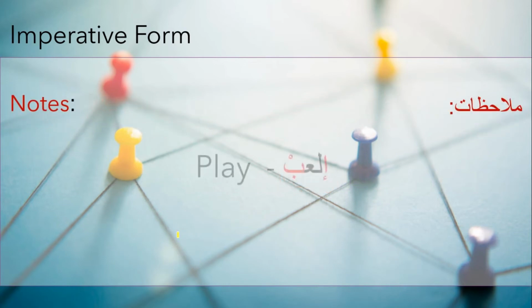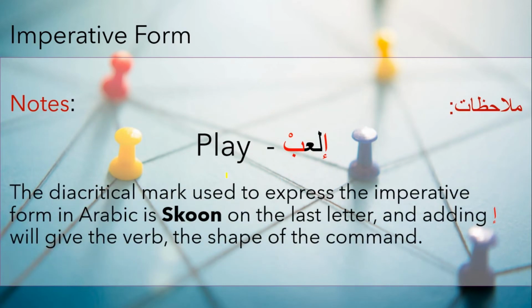Here are some notes we have to consider about the imperative form. The diacritical mark we use on the last letter of the verb that expresses the imperative form is sukun.